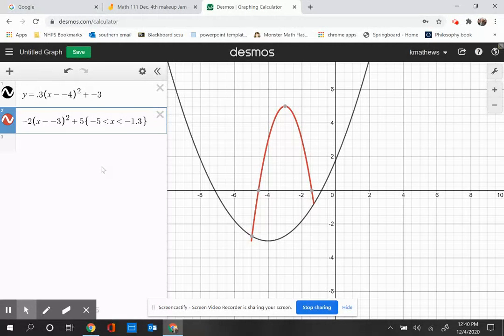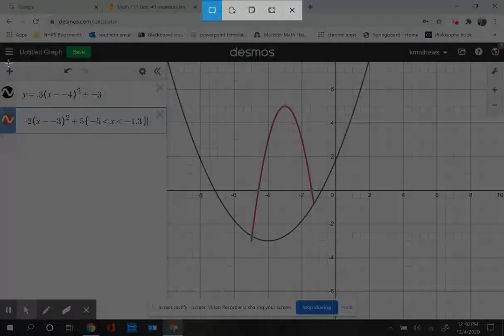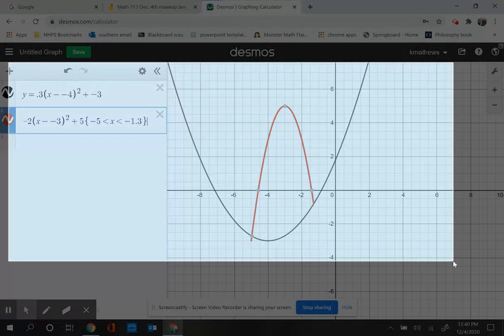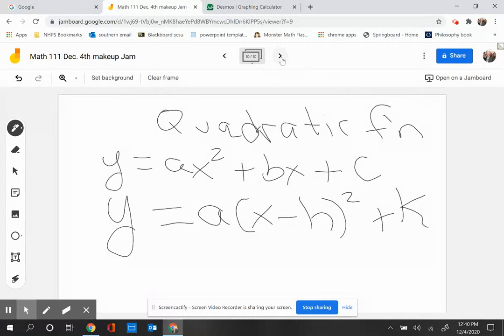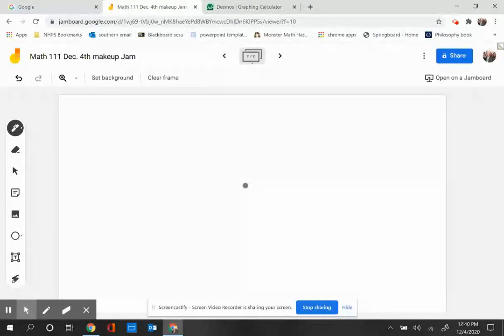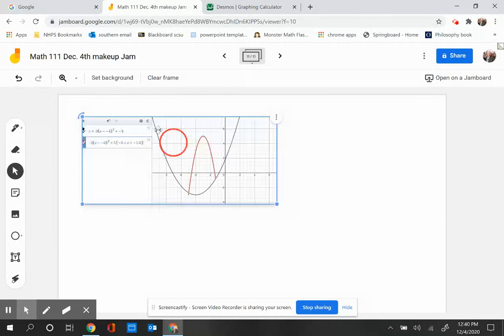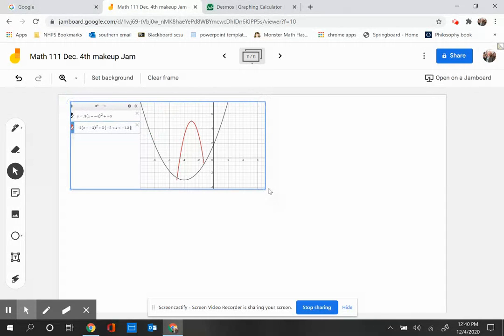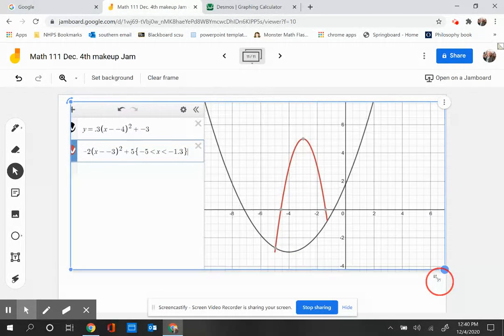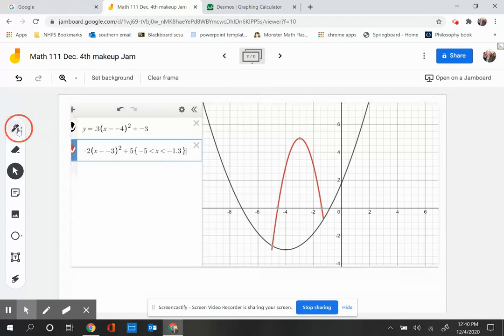Let me copy this so I can put it in the Jamboard. Okay, so I'm going to write on top of this if I can.